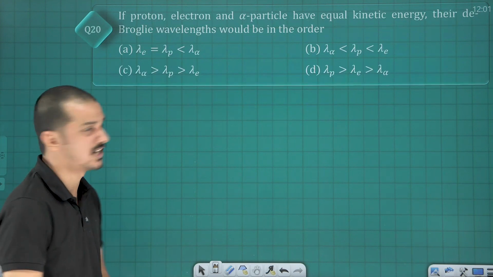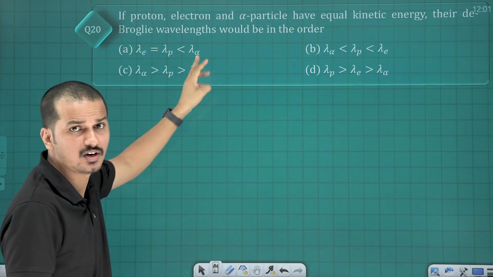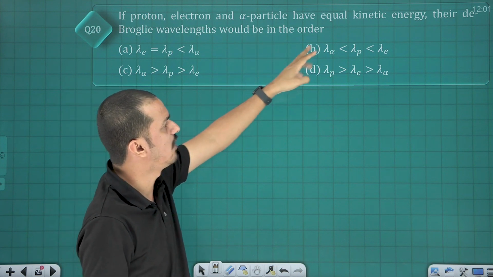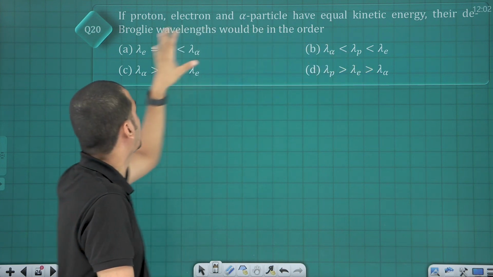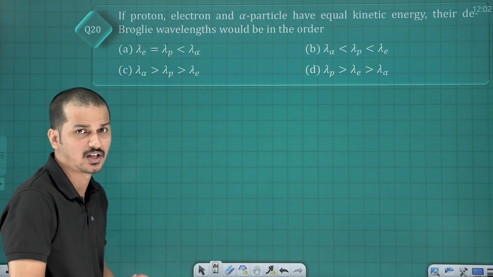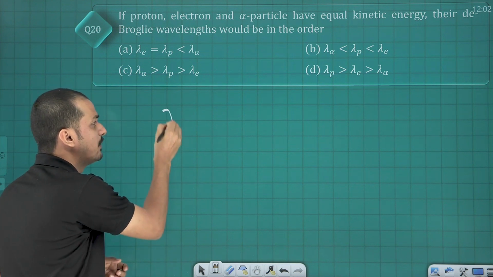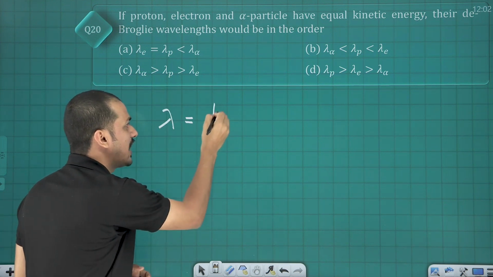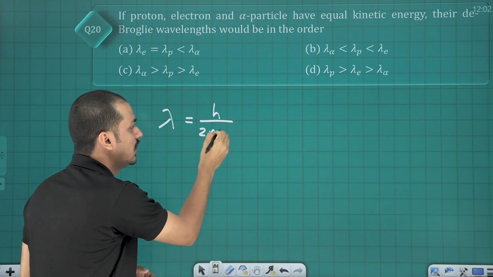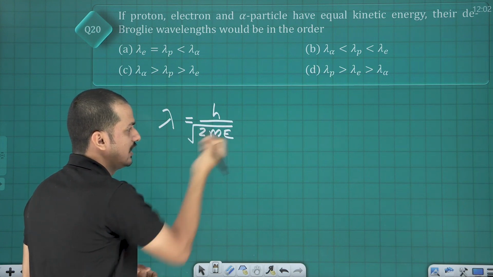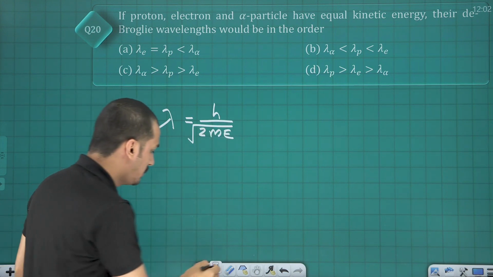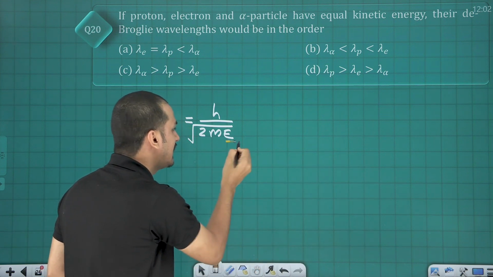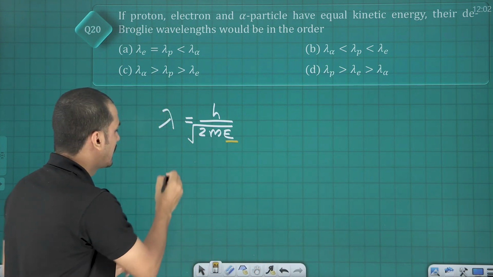What's the last question? If proton, electron and alpha particle have equal kinetic energy, their de Broglie wavelength would be in the order. We know the relationship between de Broglie wavelength and kinetic energy: lambda equals h by root 2 m E. Now they are telling us these kinetic energies are the same. Now how can I relate?